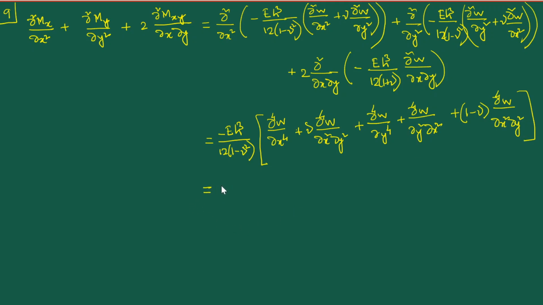So you see, this term here and this term here give me a twice nu del 4 W del x square del y square, and I have forgotten this 2 over here.